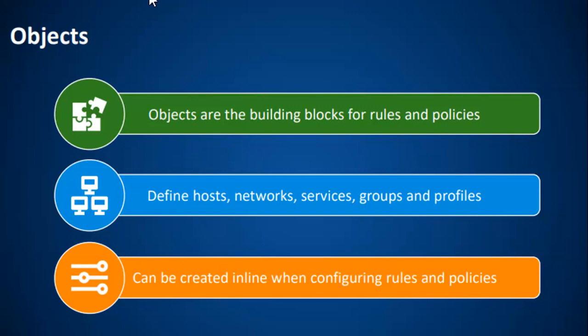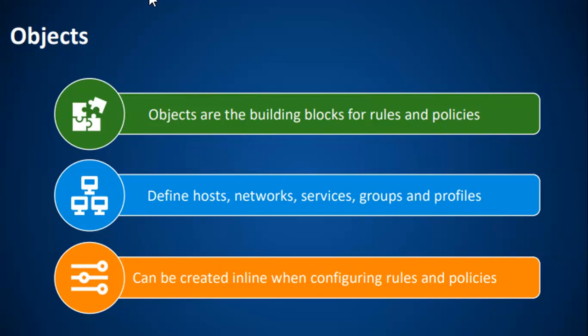Some objects, called service objects, are already available on the firewall, so you can use them directly. If those services are not available, we will create those service objects and use them in our configuration, mostly in firewall rules and the rest of the modules.